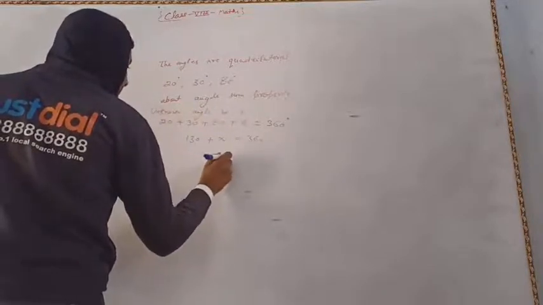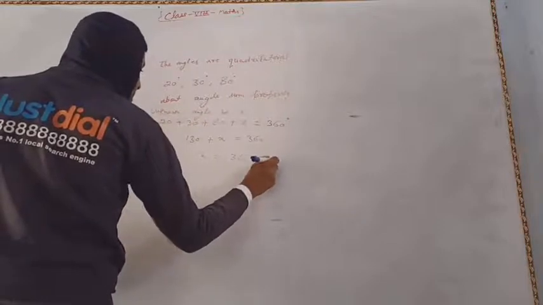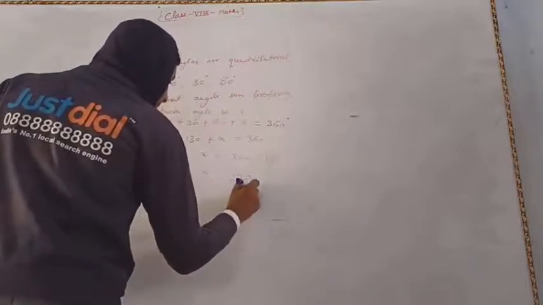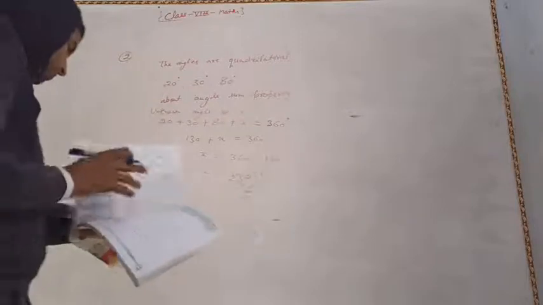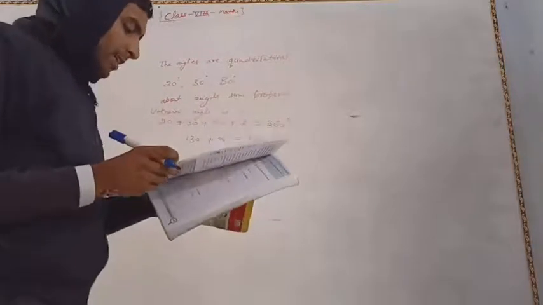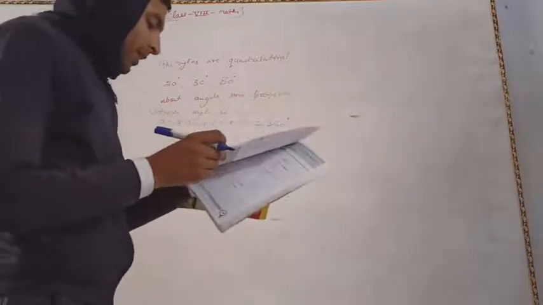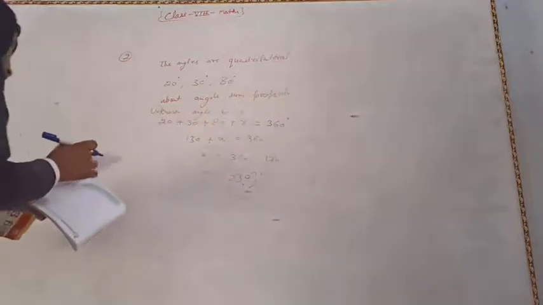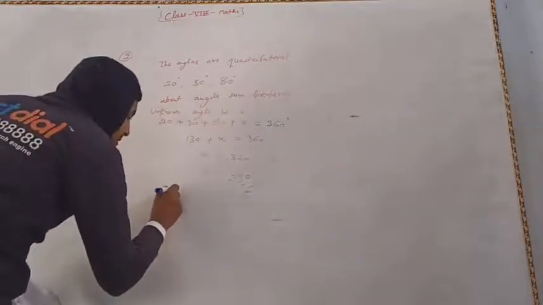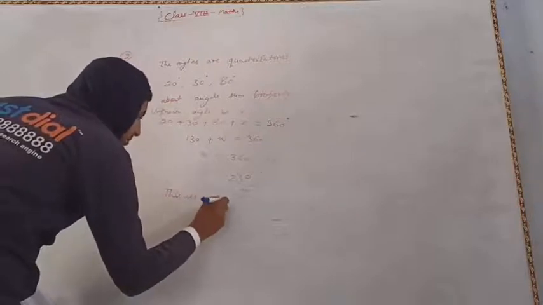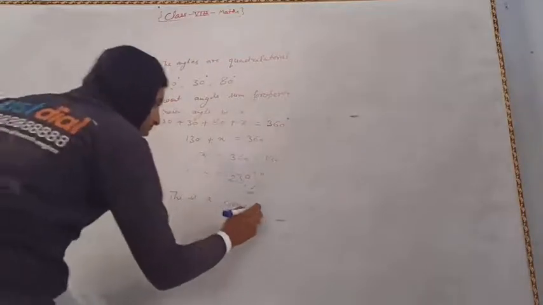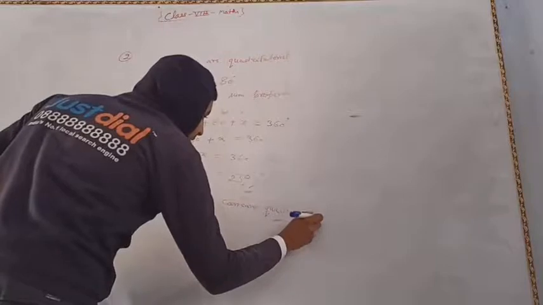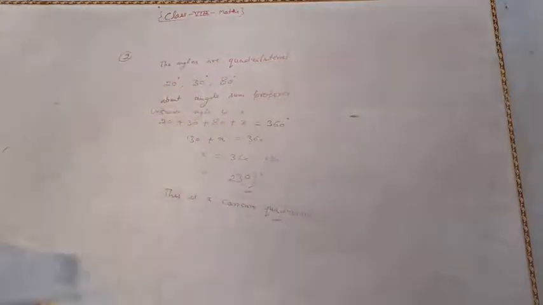Then x is equal to 360 minus 130, so x is 230 degrees. So this is a concave quadrilateral, because a quadrilateral in which any one of the angles is more than 180 degrees is called a concave quadrilateral. You have to write this. Okay, this is your answer.